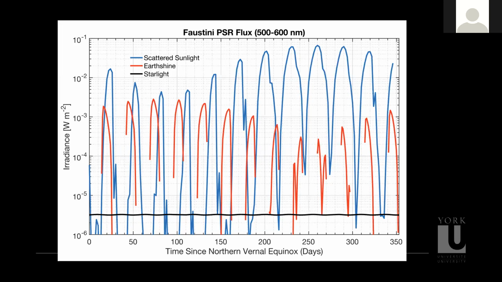Earthshine is second, but it has limited coverage. And starlight is orders of magnitude smaller than either of these sources, but it doesn't vary significantly in time, unlike some of the others. And so it represents the baseline flux into these PSRs.